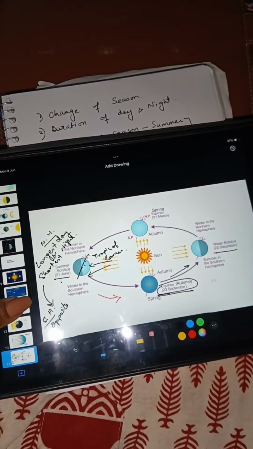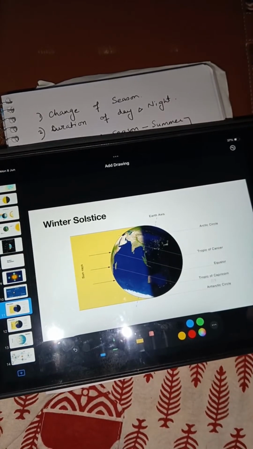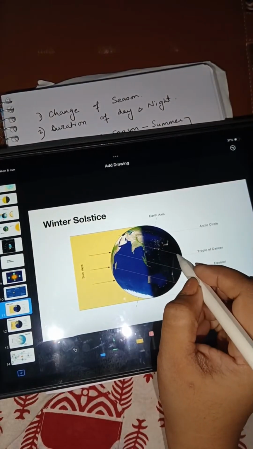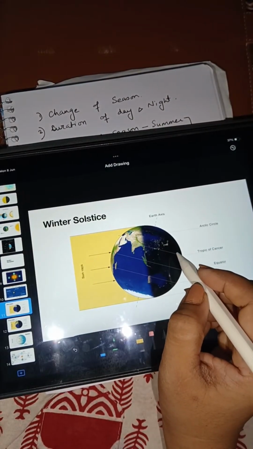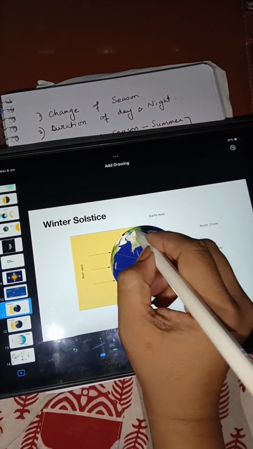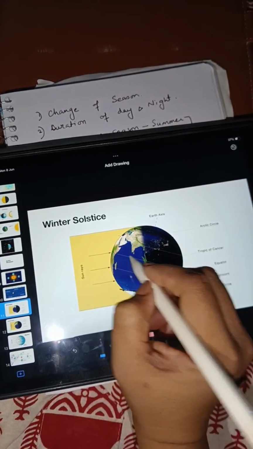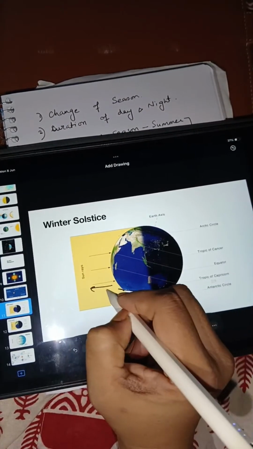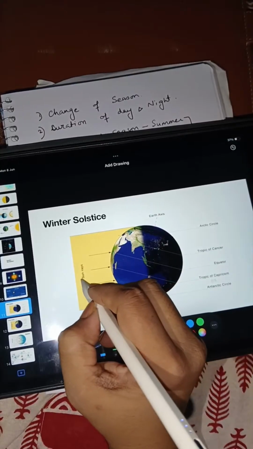You can see the bigger picture is like this. The sun is giving the sun rays, and this is facing towards the sun.